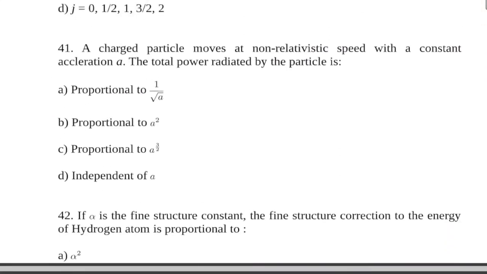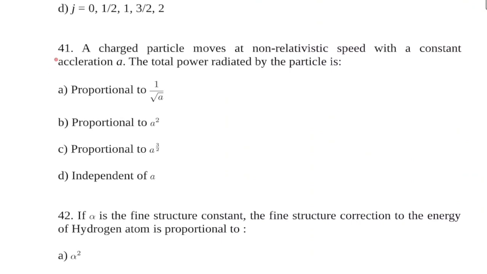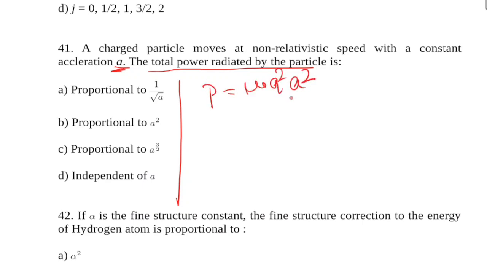Next, question number 41. A charged particle moves at non-relativistic speed with a constant acceleration a. The total power radiated by the particle is. Okay, so proportional to how it varies with acceleration. You should remember for an accelerated charged particle, the power is given by mu naught q squared a squared by 6 pi c.